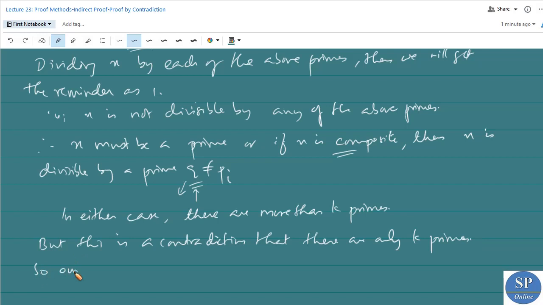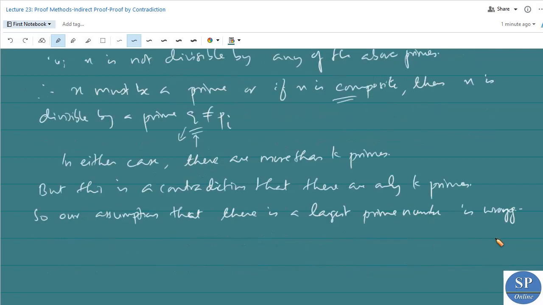So our assumption that there is a largest prime number is wrong. Therefore, there is no largest prime number, or we can say that there are infinitely many prime numbers.